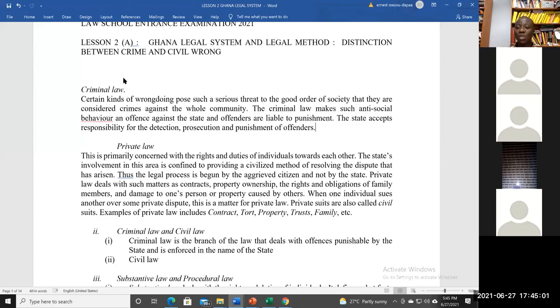So that is why some scholars say that a legal tradition is like a family of legal systems. Fundamentally, we have the major legal traditions. We have the civil law tradition, also known as the Roman Dutch law or the continental legal tradition, which derives its source mainly from Roman law, where we have a lot of codification, meaning that almost everything about the law is systematically organized in enactments called codes.